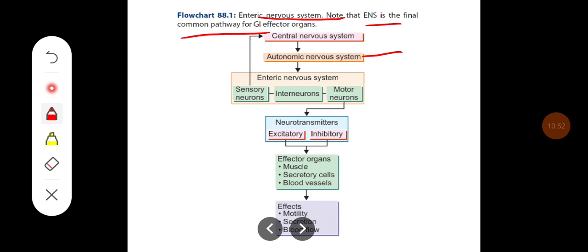So motor neurons release neurotransmitter whether excitatory or inhibitory, which are going to act upon the effector organs. They act on muscle, secretory cells and blood vessels, and affect the motility, secretion, and blood flow to the GI tract.